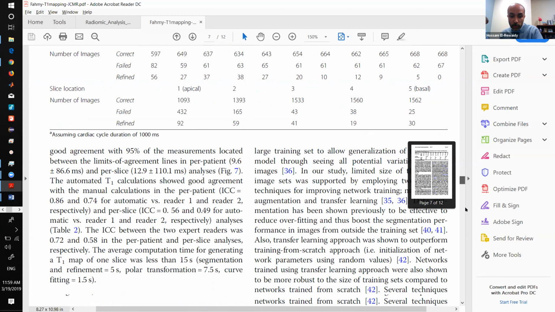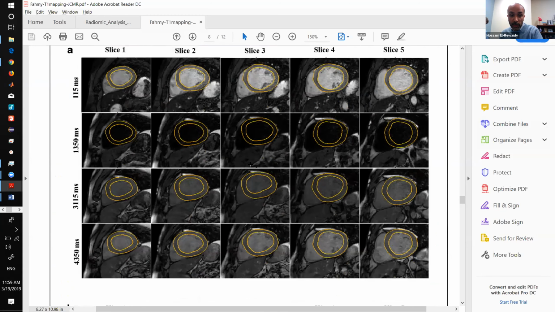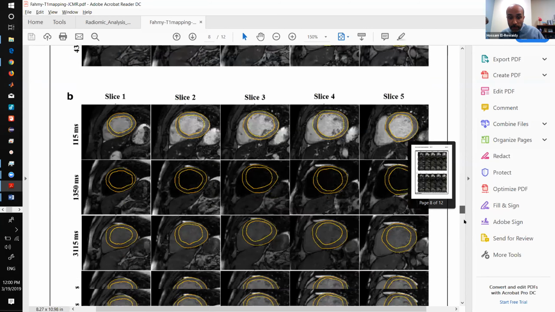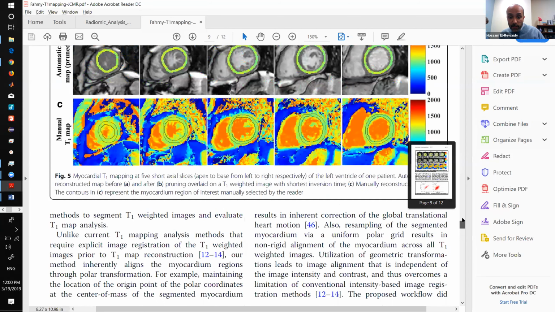I want also to show some of these results. This segmentation, as you can see here, is a very nice segmentation. Even if the contrast between the myocardium and the blood is very low, we can still perform very well for segmenting these images. And these are the resulting maps.